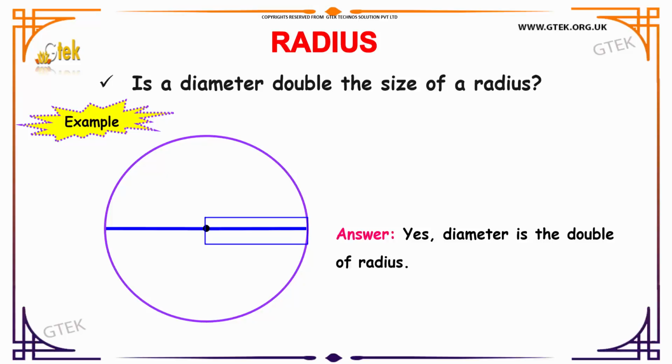If this portion is your radius, then the diameter is double the times of the radius. So the answer is your diameter is double that of the radius of a circle.